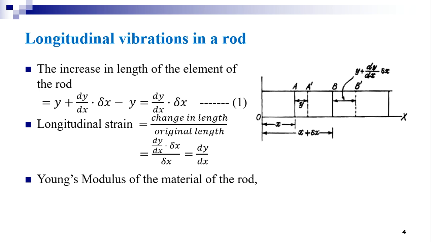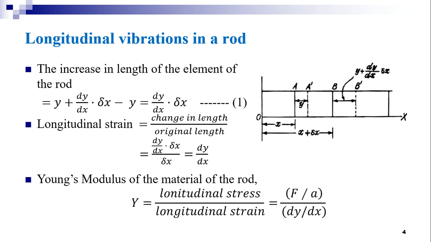Now, if y is the Young's modulus of elasticity of the material of the rod, then we can write the Young's modulus is equal to longitudinal stress by longitudinal strain, that is equal to F by A divided by dy by dx, where F by A is the force per area which is considered as longitudinal stress, and the longitudinal strain will be dy by dx.